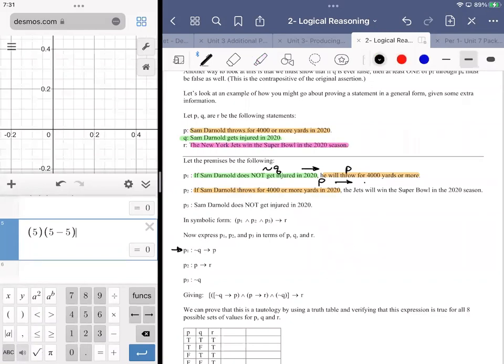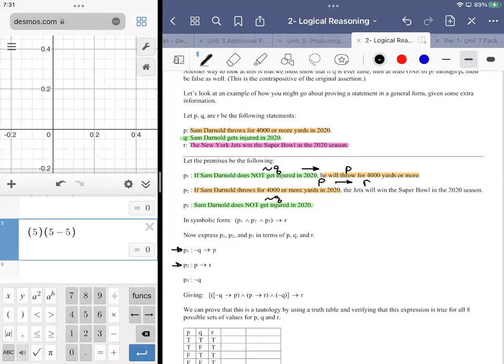So this is P implies R. That's where this one's coming from. Right? And then Sam Darnold does not get injured in 2020. So that goes back to the Q statement. He did not get injured, so that's not Q.